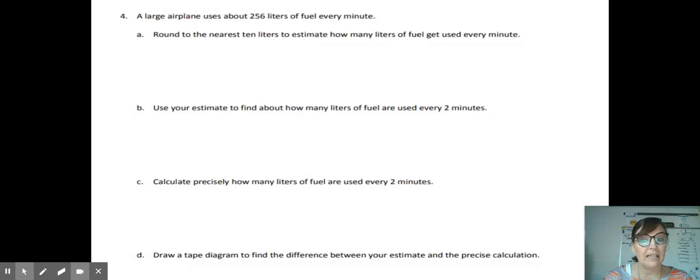Now calculate precisely the actual amount of fuel used every 2 minutes. There are 256 liters of fuel every minute. So how many liters of fuel in 2 minutes?